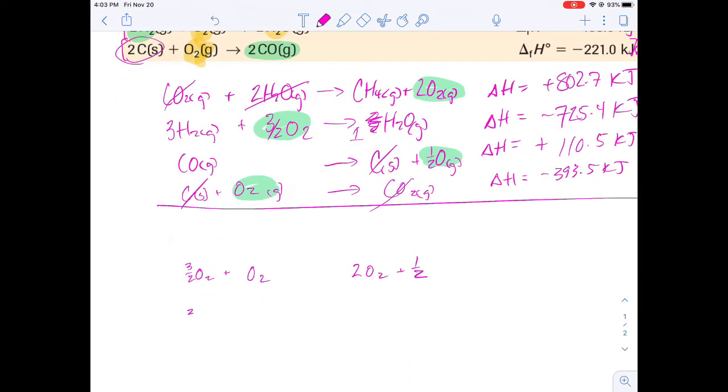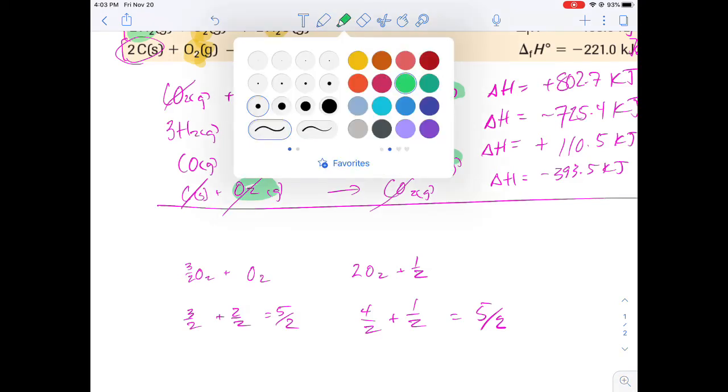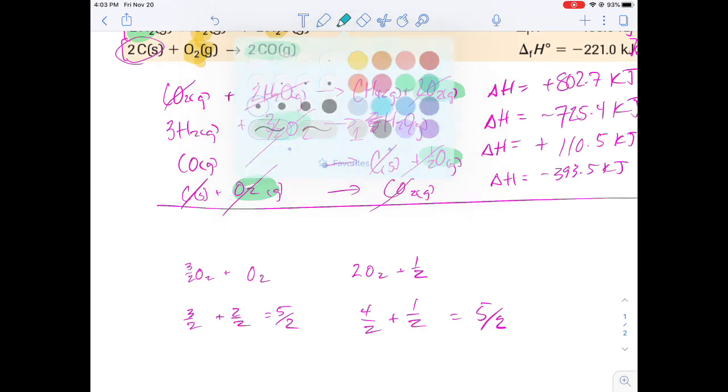So this is 3 halves plus 2 halves, that equals 5 halves. And here, 2 oxygens is 4 halves plus 1 half equals 5 halves. So all of my oxygens are going to cancel out. This one goes, this one goes, this one goes, and this one goes.